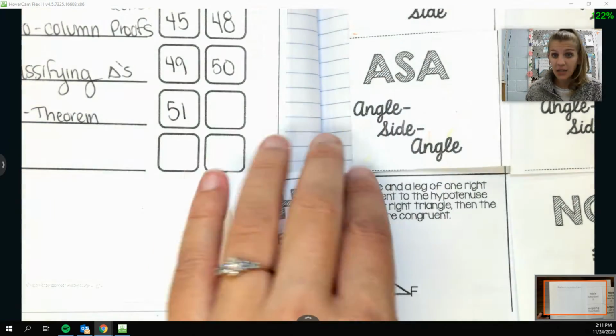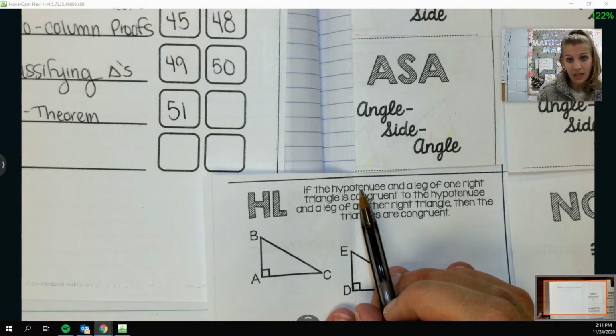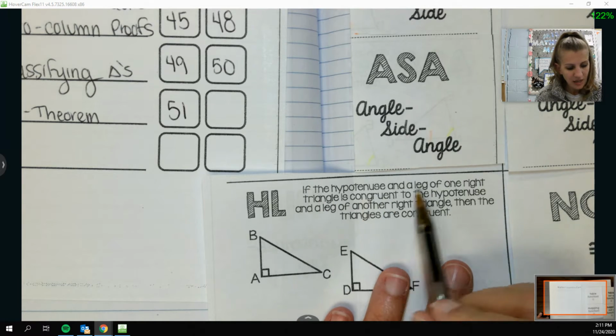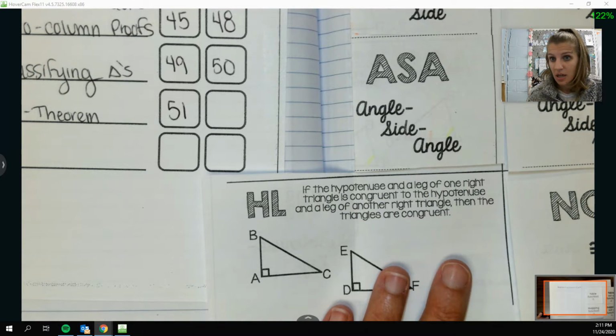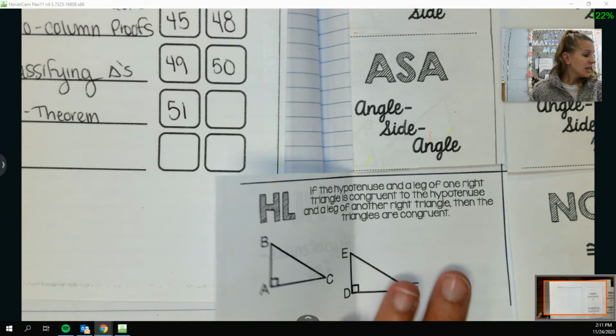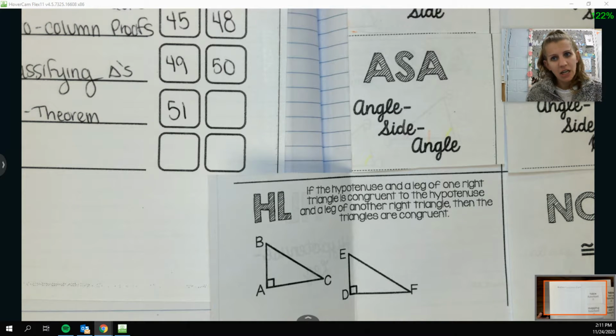And the hypotenuse leg theorem states that if the hypotenuse, which is the longest side or the side opposite of a right angle in a right triangle, and a leg, the leg is just another side, of one right triangle is congruent to the hypotenuse and the same leg of another right triangle, then the triangles are congruent. So you might be thinking, well, why do they call it HL and not just something else?